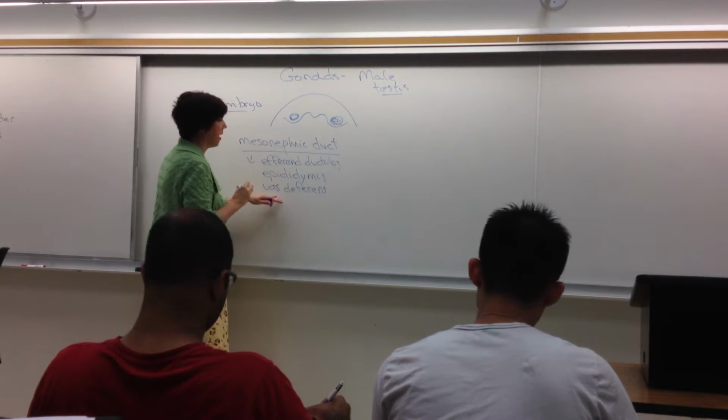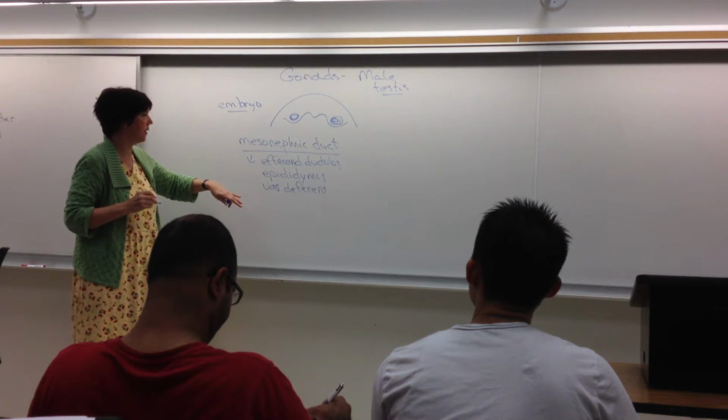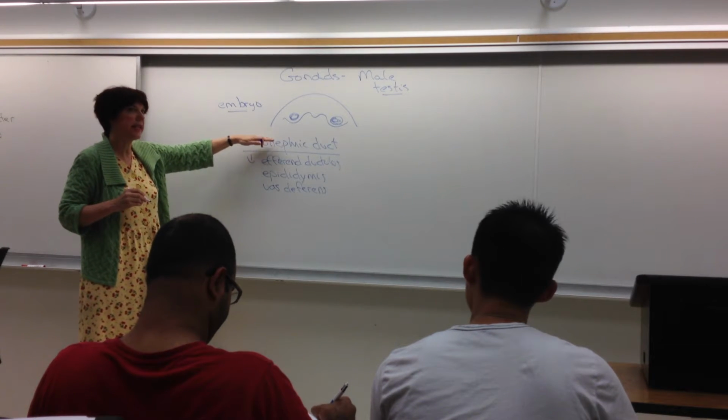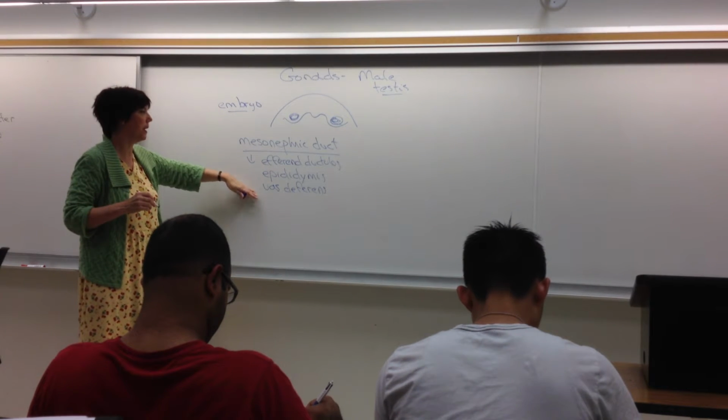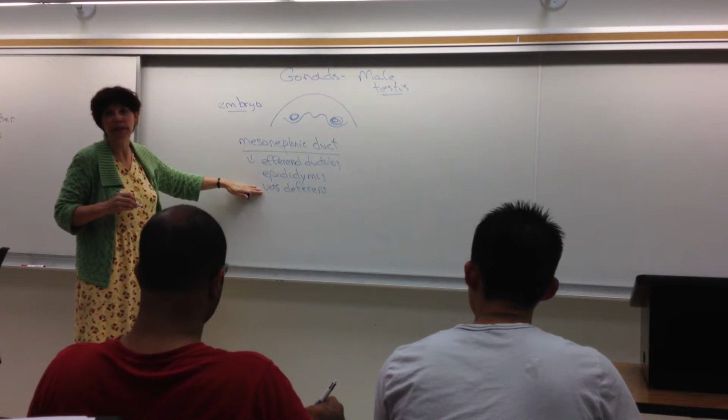The vas deferens is also known as ductus deferens. So this embryonic structure, as we'll see on Wednesday, or talk about briefly on Wednesday, this disappears in the female.